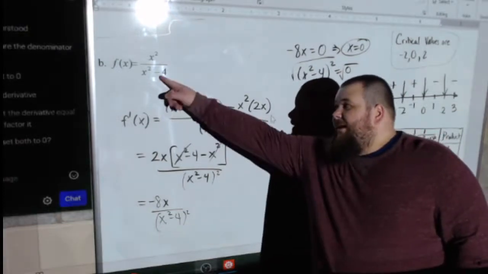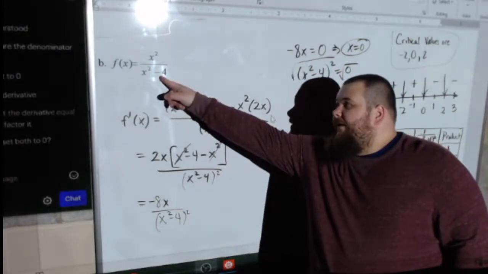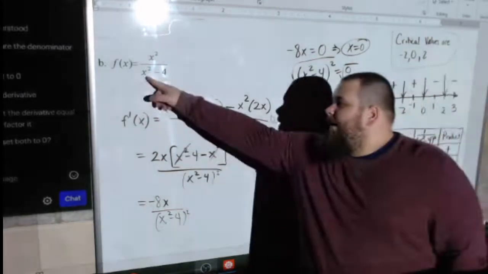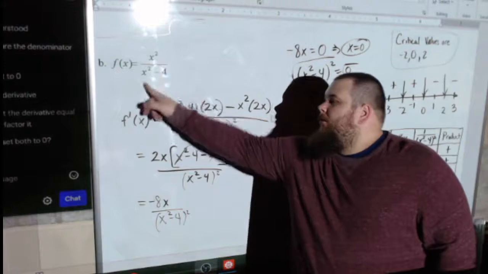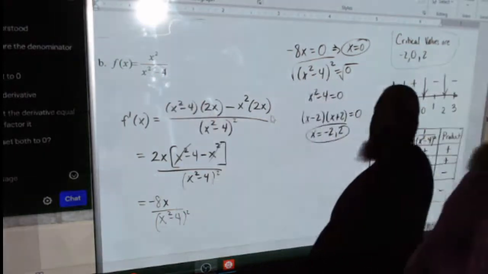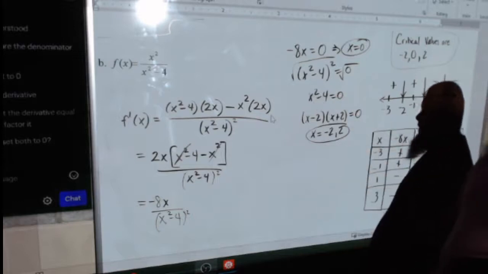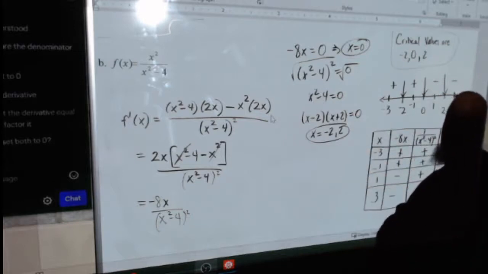Well, they also happen to make the function undefined. Right, if I plug 2 in there, 2 squared minus 4, that's 0. So I'm dividing by 0. So those are actually asymptotes of the original function as well. And so when I write my intervals, I can't include those points.